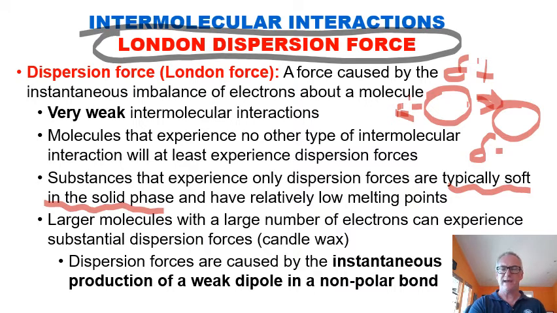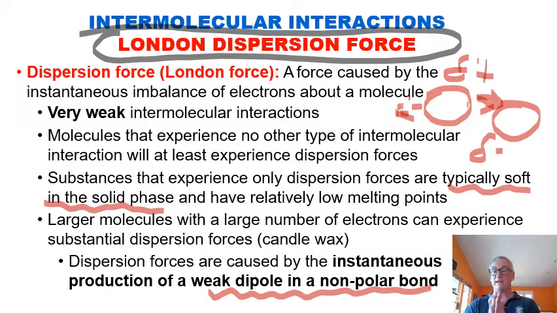So you form basically what we call an instantaneous weak dipole, very weak dipole. And so that's why London dispersion force is by far the weakest interaction. And if it's the only interaction that a molecule can have, and they're very small molecules, they're going to be gases. And that's why all the gases we see are basically nonpolar, right?